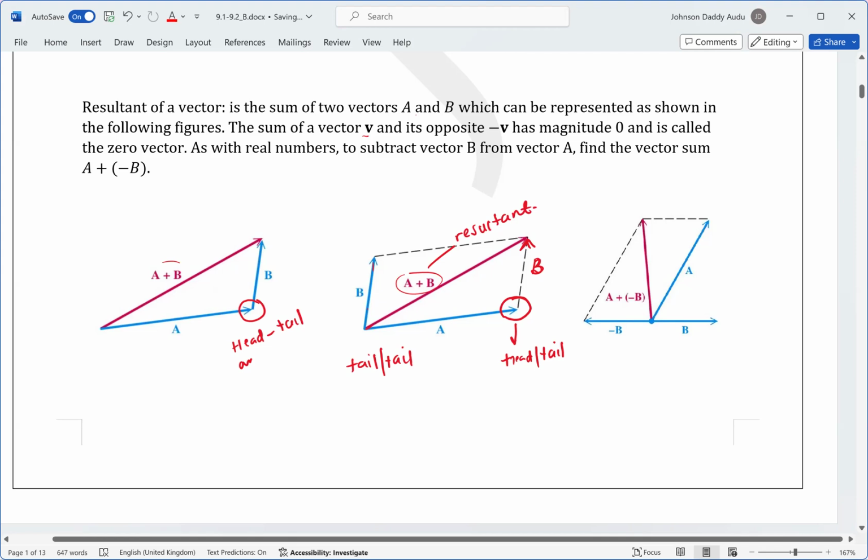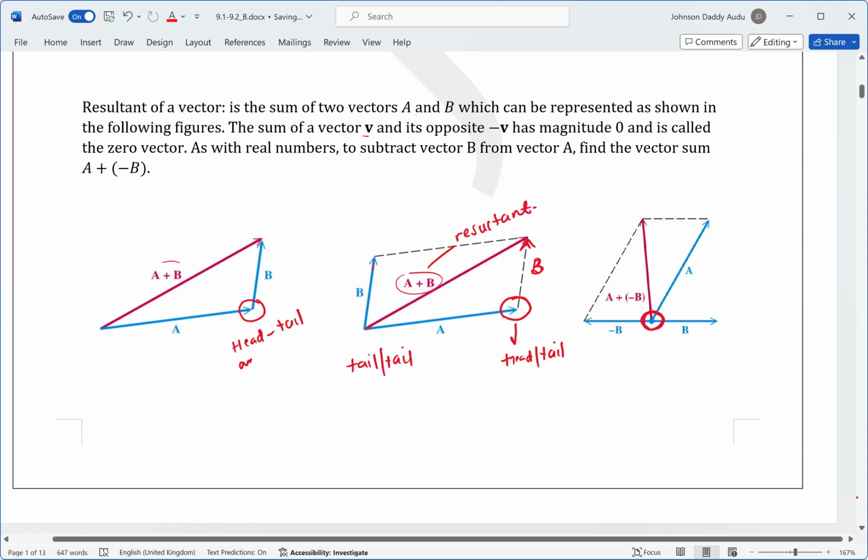All right. Now we look at this one, this vector here. What we can do is, we can say this is vector A. If you look at vector A and B, you can see between A and B what we have is tail to tail, which is not good.